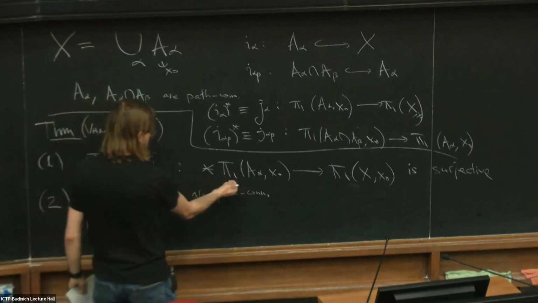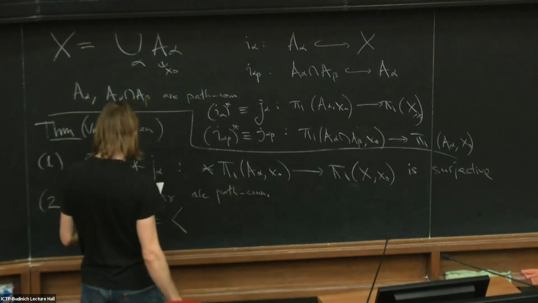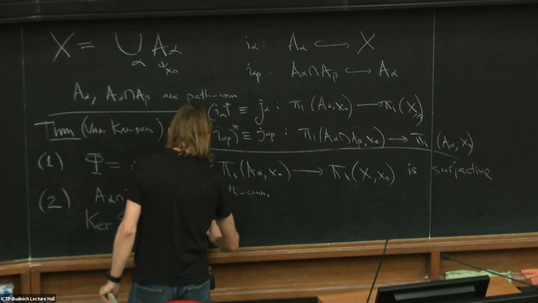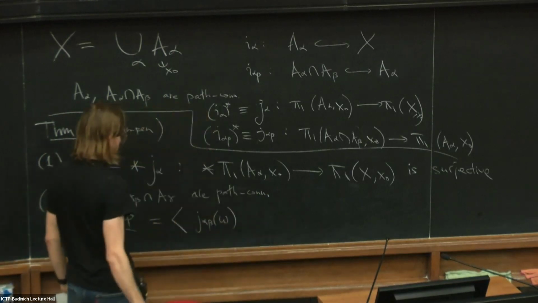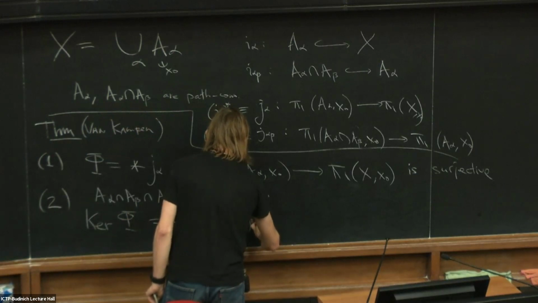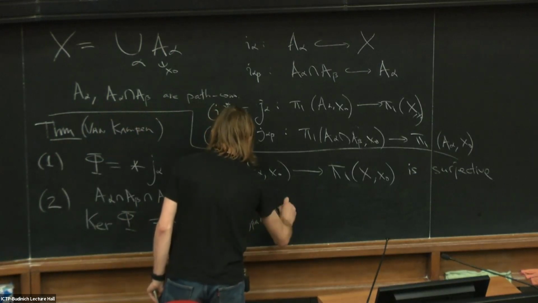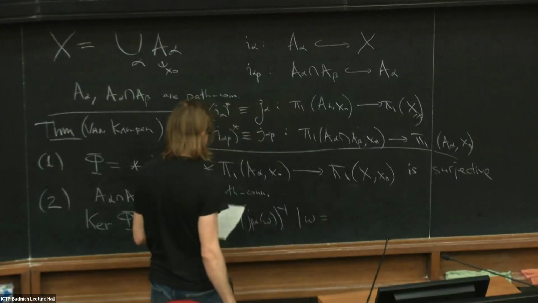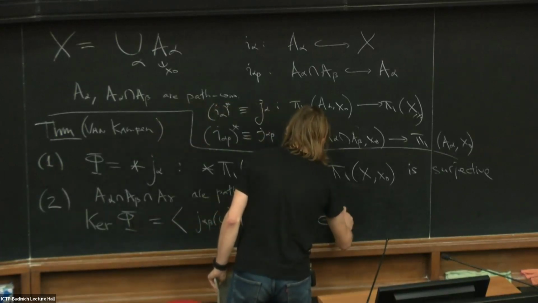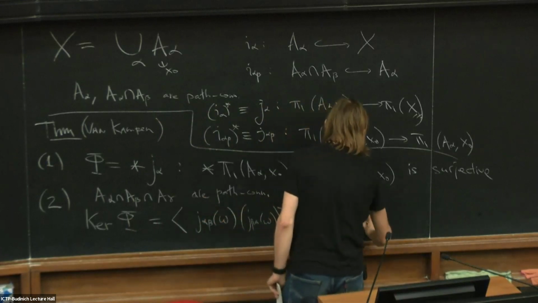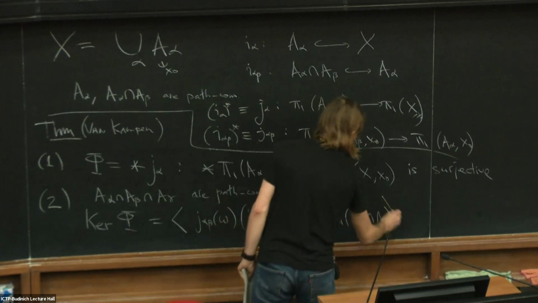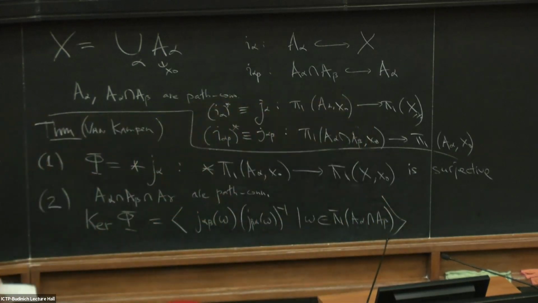So this is a subgroup here, and the statement is that it is generated by elements of the following form: J alpha beta of omega times J beta alpha of omega inverse, where omega runs over all possible elements of pi1 of the intersection.